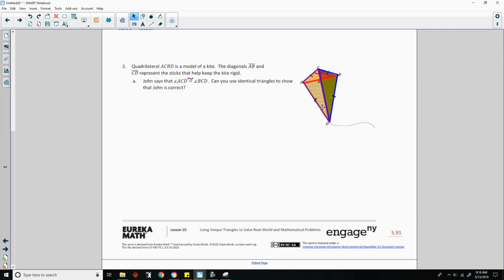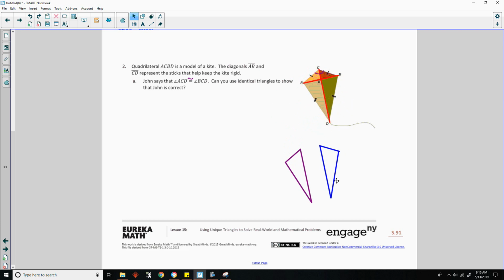Now if I move these, I've got this triangle here and this triangle here that came from the kite. If I label these, this was C, this is A, and this is D. This is D, this is B, and this is C.